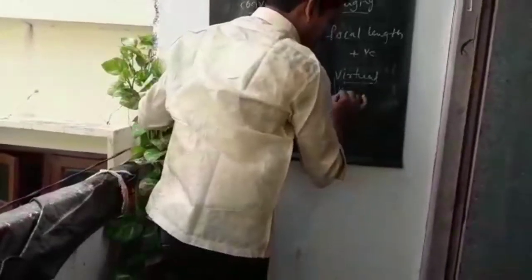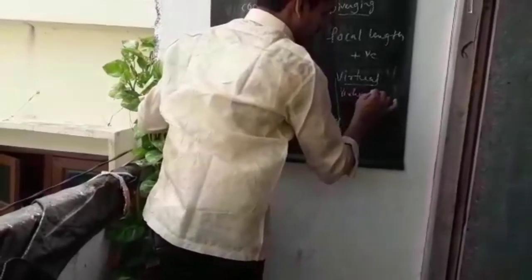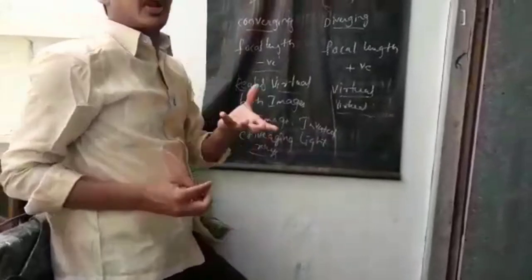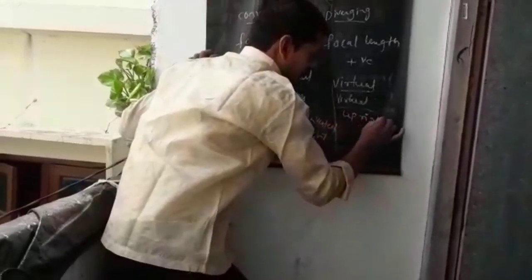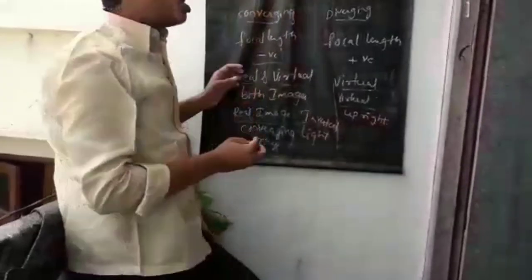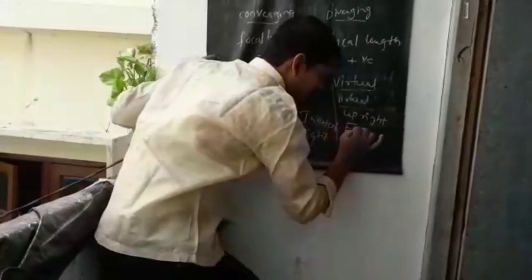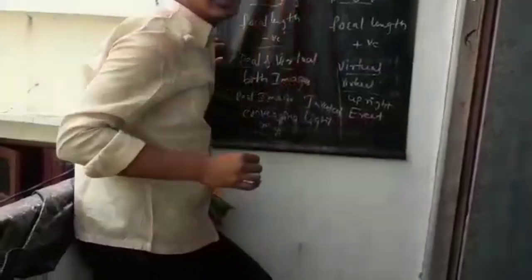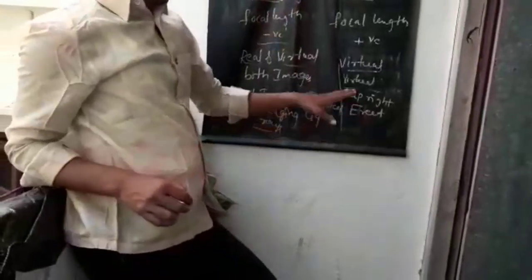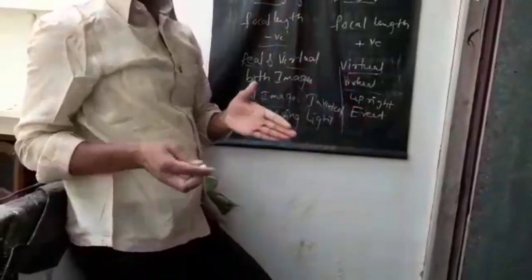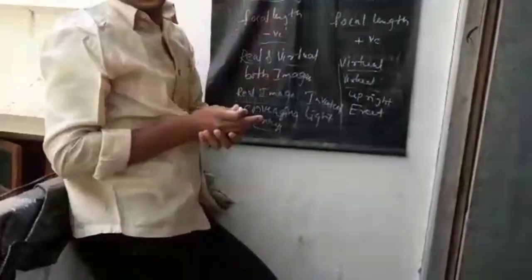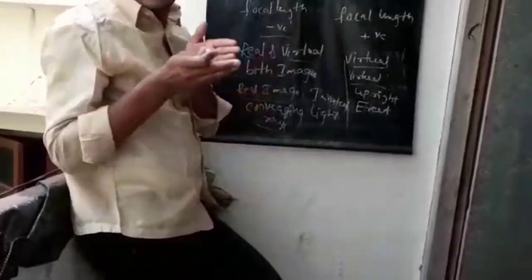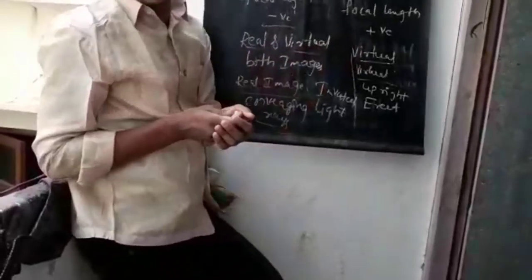Next, virtual image. It is also called upright or erect. A virtual image is mainly formed when the parallel rays diverge. Whenever diverging rays don't meet at a certain point, then we get the virtual image.